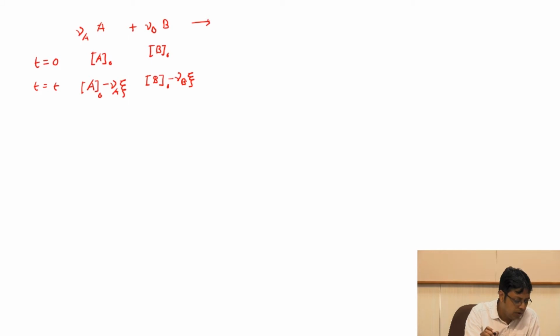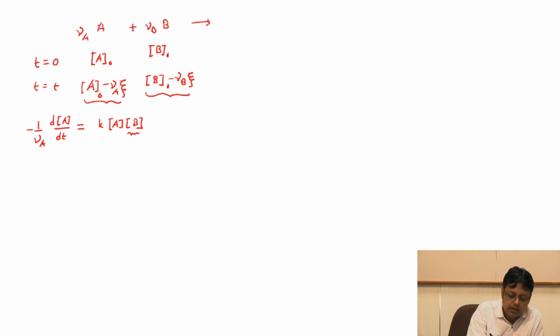So now the problem here is that if I write dA dt, or minus 1 over nu a dA dt, it is some rate constant into a into b. So the b is appearing here, so I have to write b in terms of a, otherwise I cannot solve it. Now I can actually write it very easily. So this is a right now, and this is b. So let us just write it first.